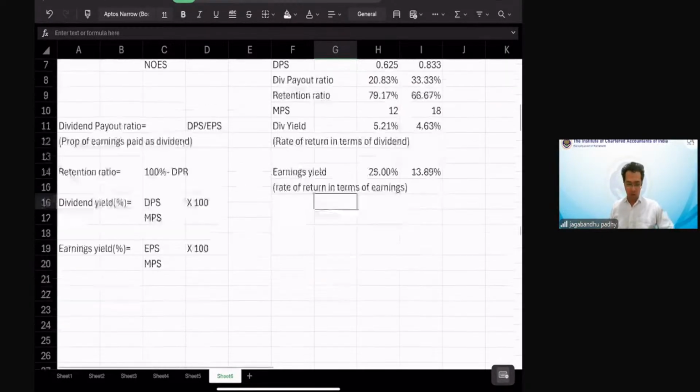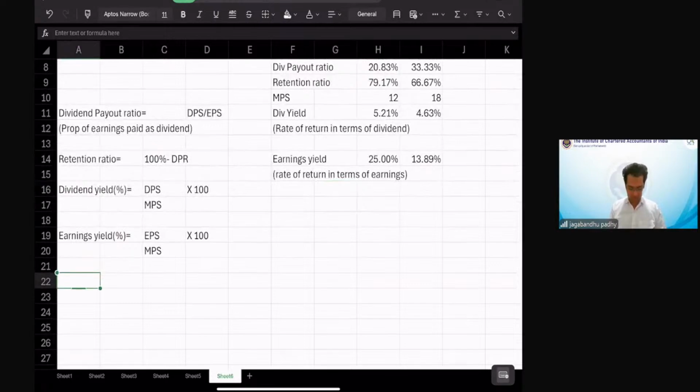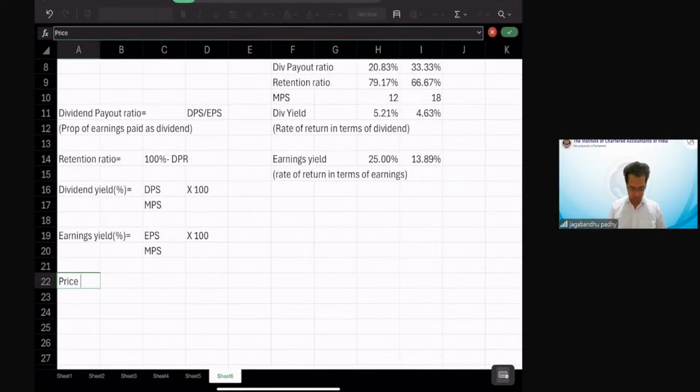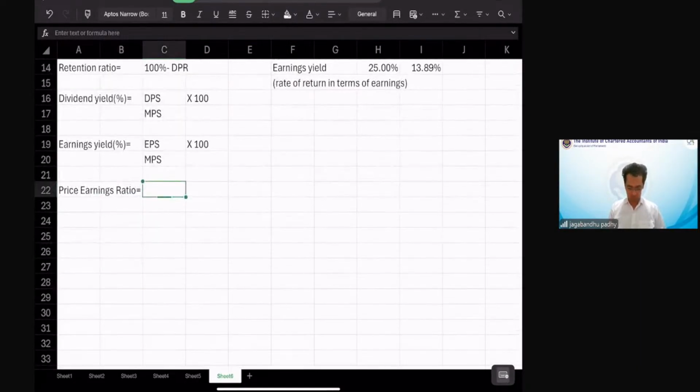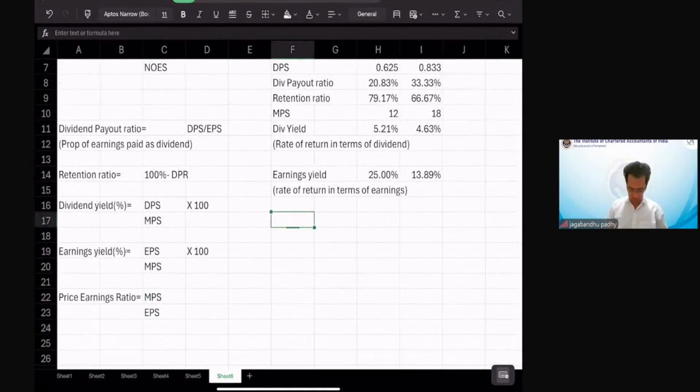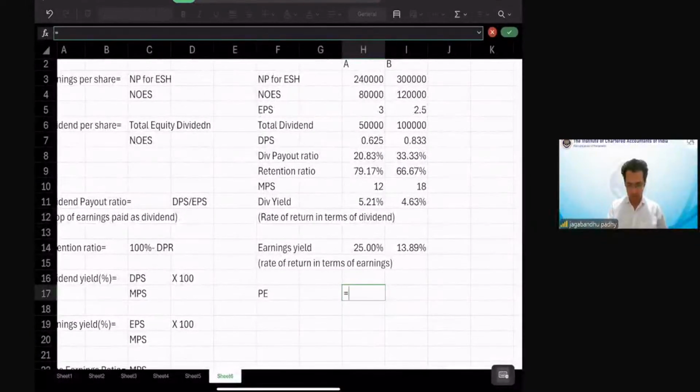Okay. Now, an important ratio that we have is called as price earnings ratio or P ratio. P ratio is computed as market price per share upon earnings per share, right? So if we compute over here the P ratio, that will be MPS divided by EPS.